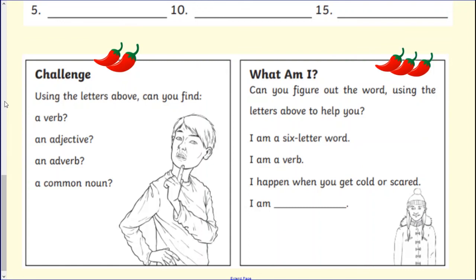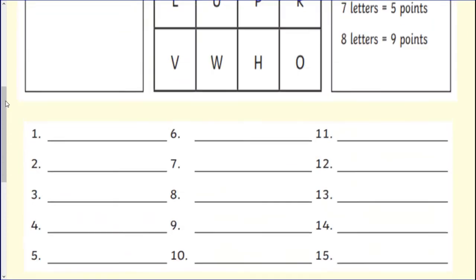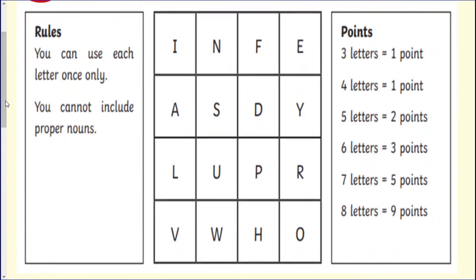And then Chilli 3, this is a riddle for you to solve. Now the word is in the grid. You've got to use the clues to work out what it is. I am a 6-letter word. I am a verb. I happen when you get cold or scared. I am. Okay, so if we scroll back up to the top, use this grid again to help you complete those Chilli challenges.